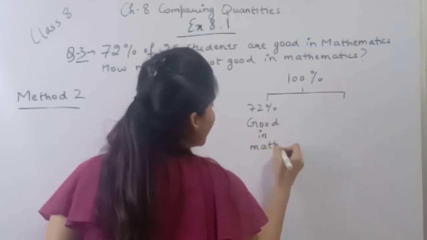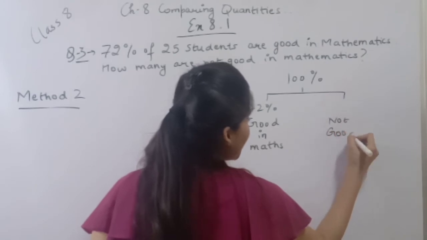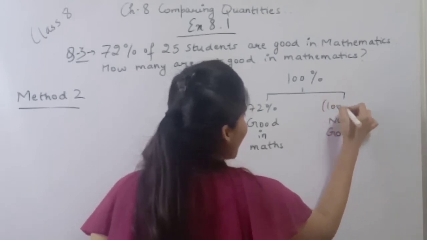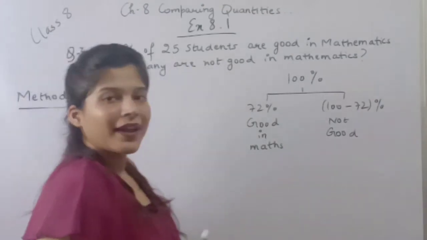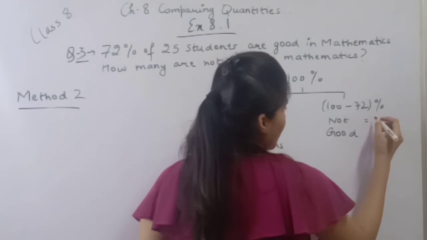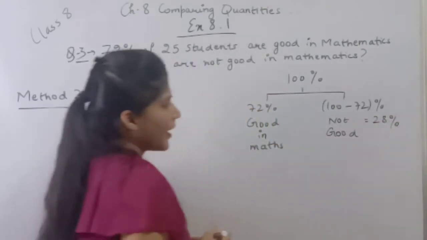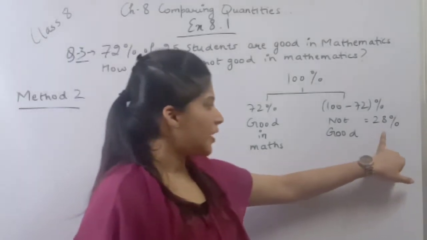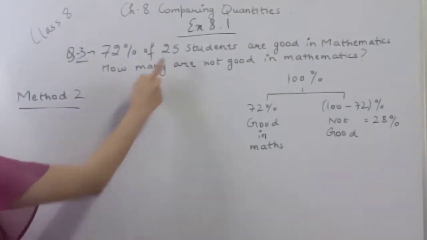Okay, so how many are not good in mathematics? For that, what we can do? 100 minus 72%. Okay, so 100 minus 72 will give us 28%.